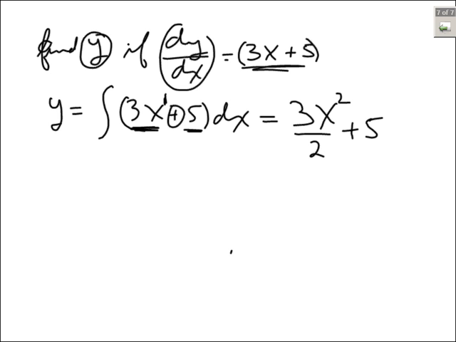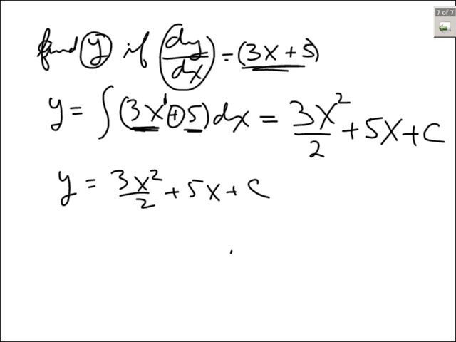Plus, the antiderivative of a constant is that constant times x, plus an arbitrary constant. The best you can say is y is equal to 3x squared over 2 plus 5x plus c. That's the best you can do.